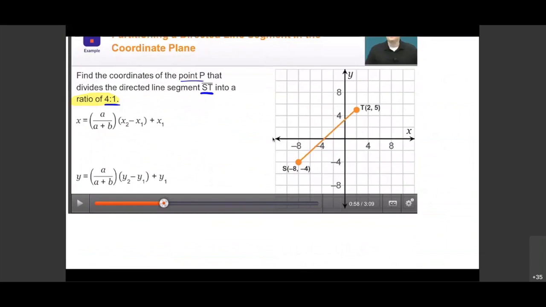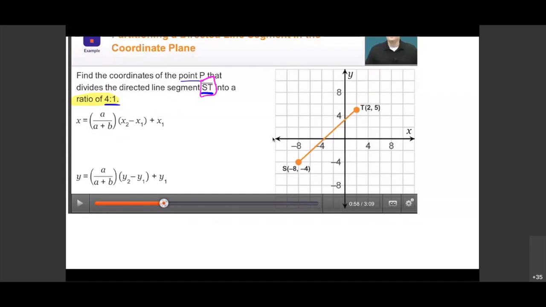With this, the first letter in the name is the one we're using, unless after they said the ratio, they say from a point, and then give you a point. If they say from point something, then that is your X1 that you need to use in your formula.